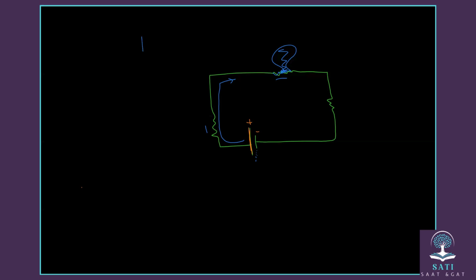So we have two types of connections: parallel and series. What is the difference now between parallel connection and series connection? How are these resistances connected in this circuit?